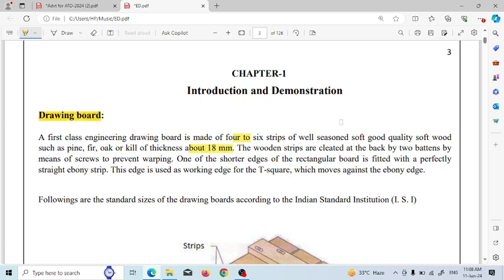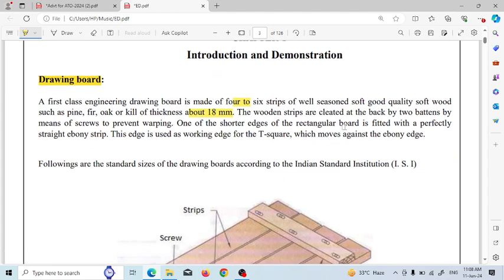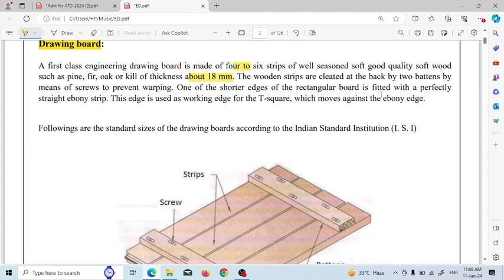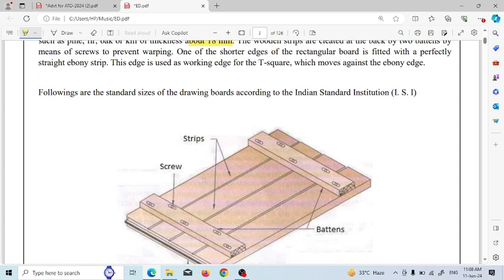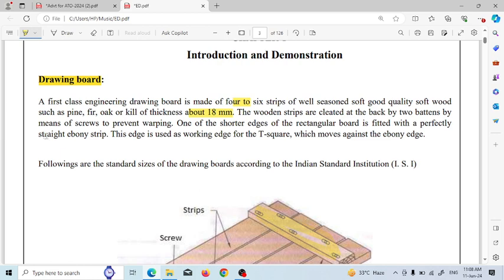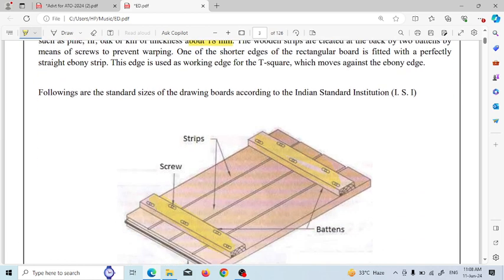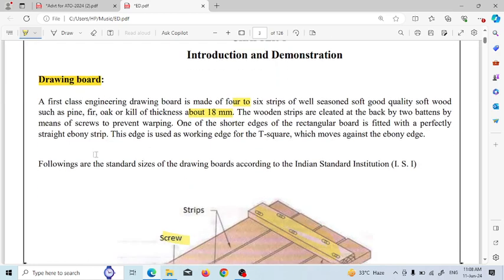The wooden strips are plated at the back by two battens. These are the two battens by which the four strips are joined, this is one and this is two, by means of screws, to prevent warping.